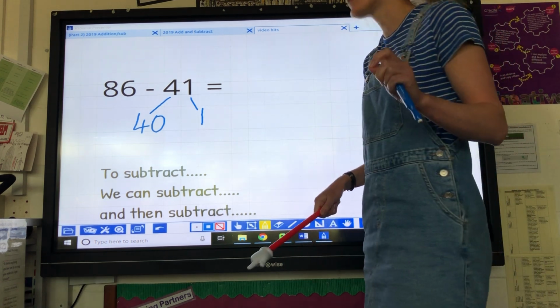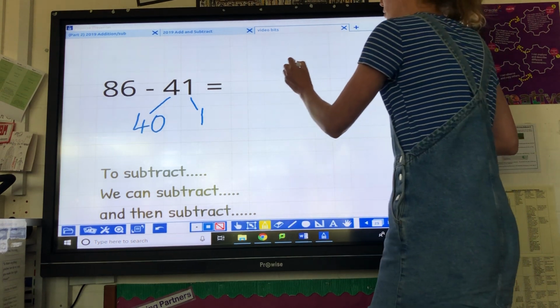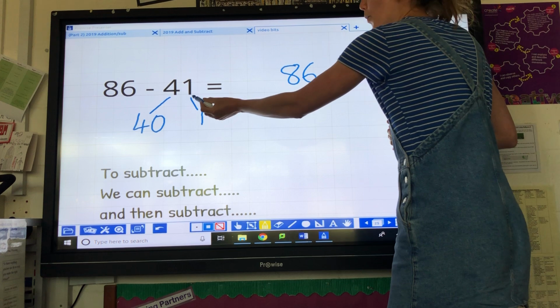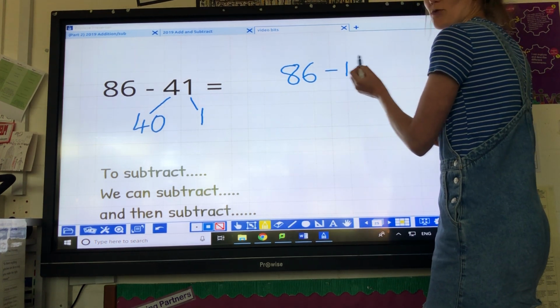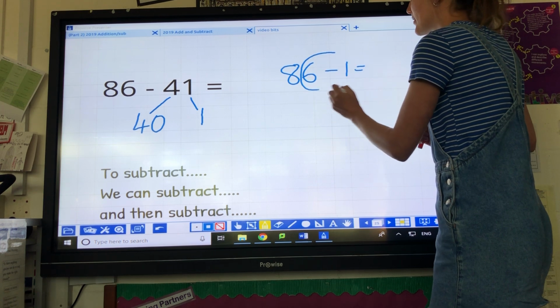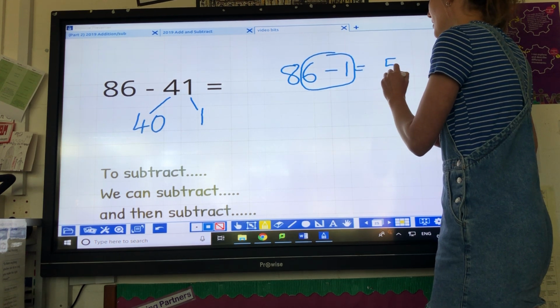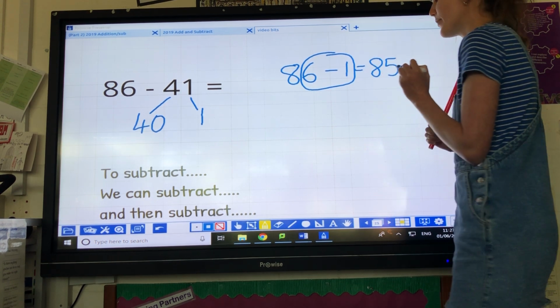We always start with subtracting the ones first. So we start with our whole, 86, subtract 1. Okay, I'm just looking at the ones because I'm only subtracting 1. So I know that 6 subtract 1 is 5 ones. And then we add back on the 80, so it's 85.